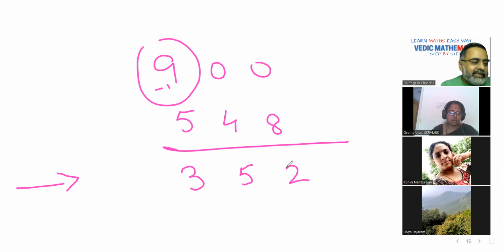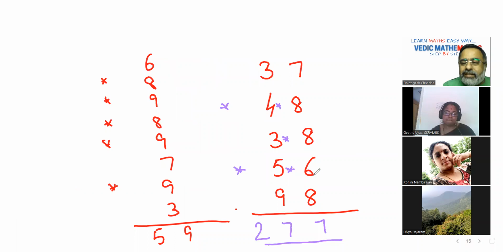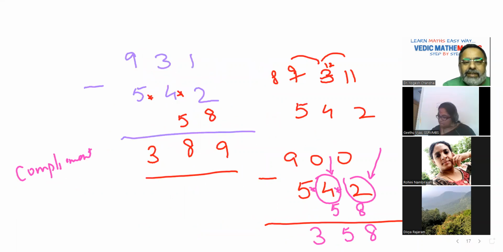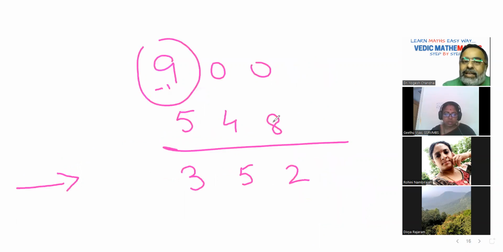Okay, sir. Got it. But what we were doing right now, okay, number I have changed. 5, 4, 2. Okay, here I took 5 for 8, not an issue. So if you are taking it as a common, then it is there.